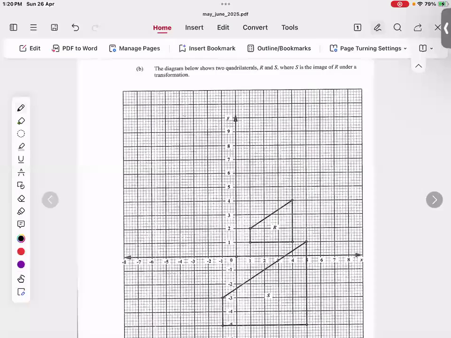The diagram below shows two quadrilaterals, R and S, where S is the image of R under a transformation. So, keywords now.